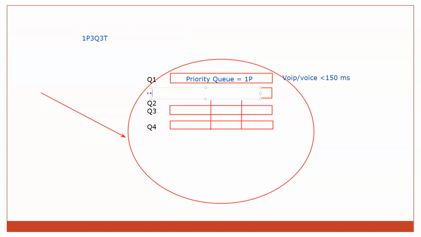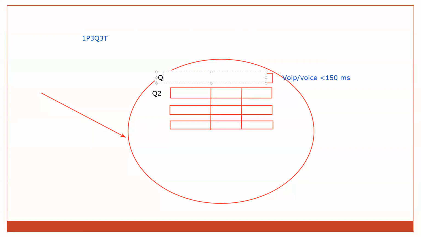Oops, this is actually Q2. These queues that you are seeing here are divided into different levels of priorities, right? And not only the priority. Q1 has priority, and in Q1 there is no threshold, but in Q2, Q3, and Q4 we have the threshold.